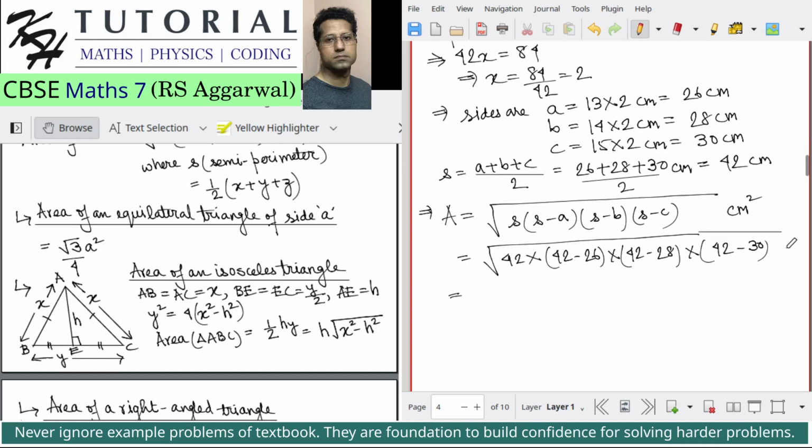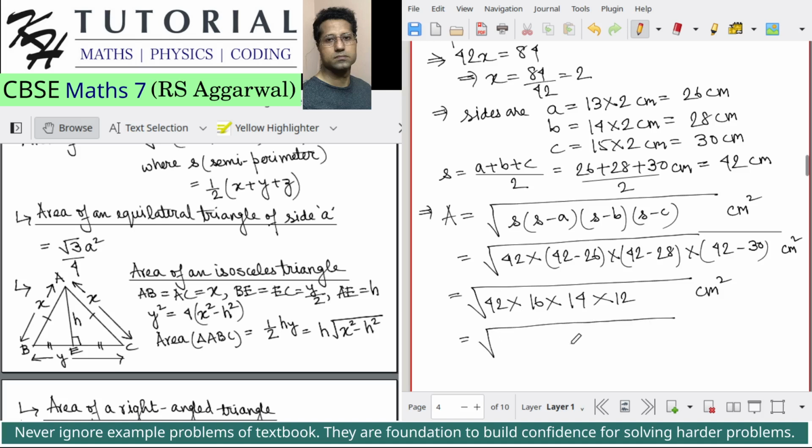So this is equal to 42 multiplied by 16 multiplied by 14 multiplied by 12 centimeter square.